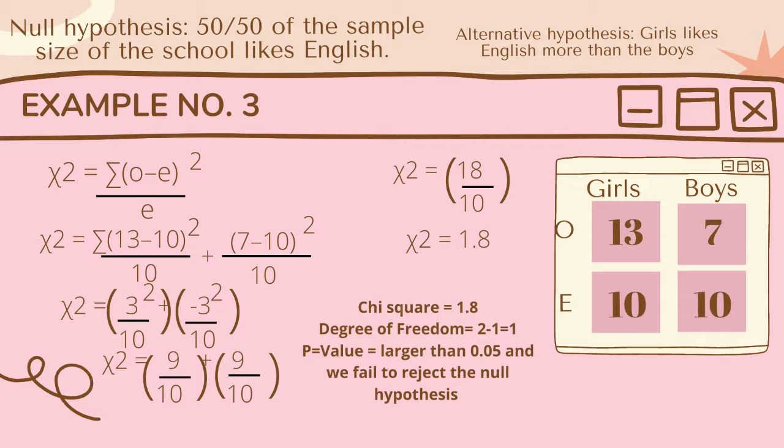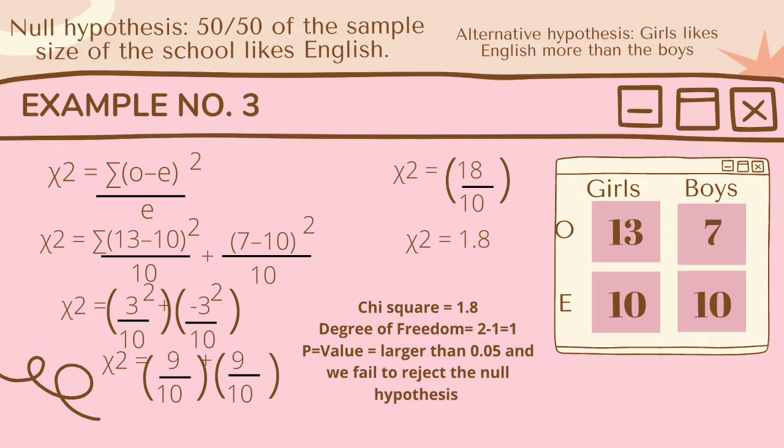So here, we have the given datas. So the observed value of the girls are 13, while the boys are 7, and the expected values of both girls and boys are 10. So we use our formula, which is chi-squared equals the summation of observed value minus expected value squared divided by expected value.